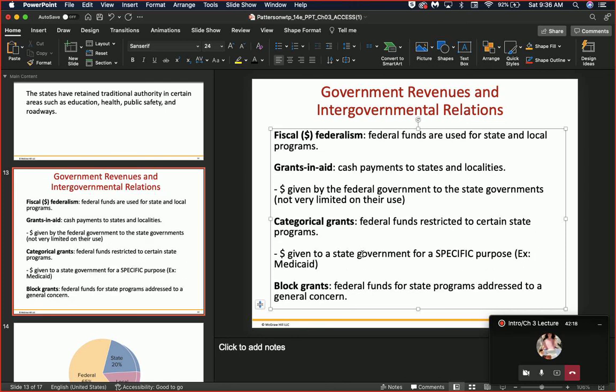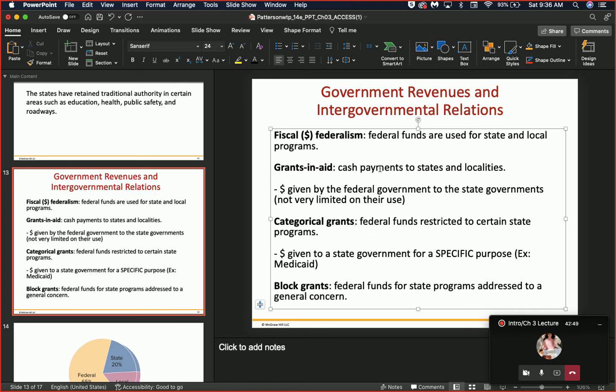If the federal government gives Texas money for Medicaid as a categorical grant, that means that Texas cannot spend that money on anything but Medicaid. Okay? And then we see federal funds addressed to a certain concern. So both of these, grants and aid and block grants, are used whenever states feel like they have a certain need.